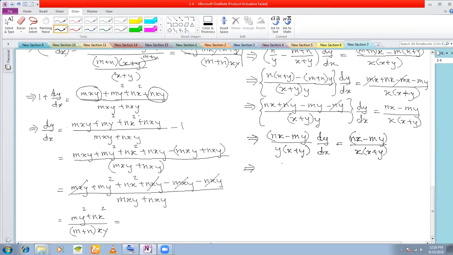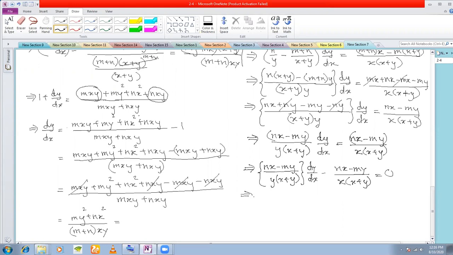Now take everything to one side. Get nx minus my divided by y into (x plus y) dy/dx minus nx minus my by x into (x plus y) is equal to 0.